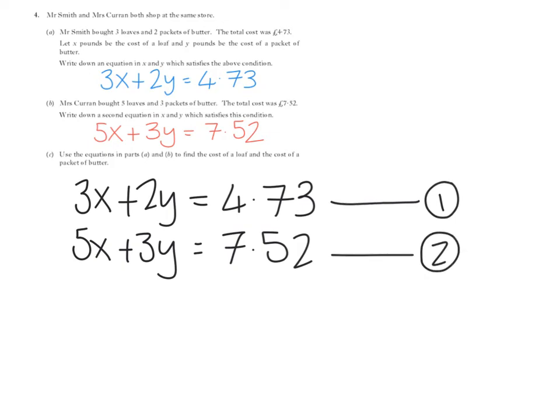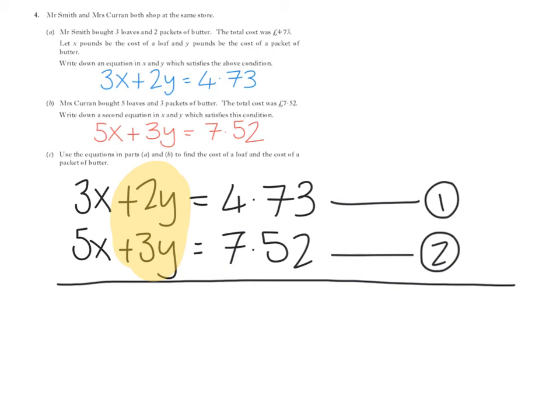So in order to solve these simultaneously, we want to first of all eliminate either the x's or the y's. We do that by picking which one we want to eliminate. So in this case, we'll choose the y's. What we then do is multiply either one or both of the equations in order to make the y's the same value.